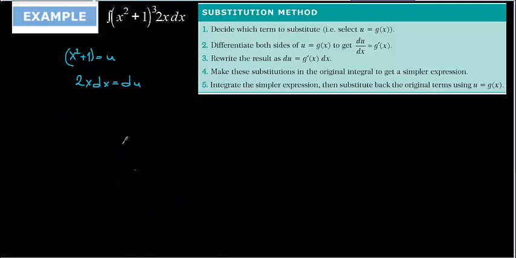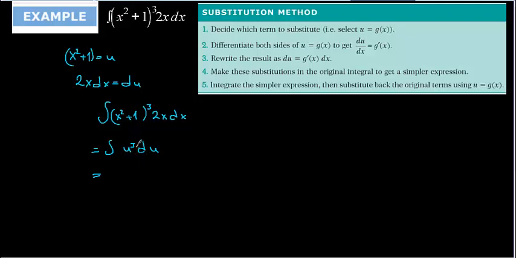Now I'm rewriting the integral again: (x squared plus 1) to the power of 3 times 2x dx. Now I said x squared plus 1 is equal to u, so this is u cubed, and 2x dx we found is equal to du, so this is u cubed du. Now with the new variable we can get the integral of this expression.